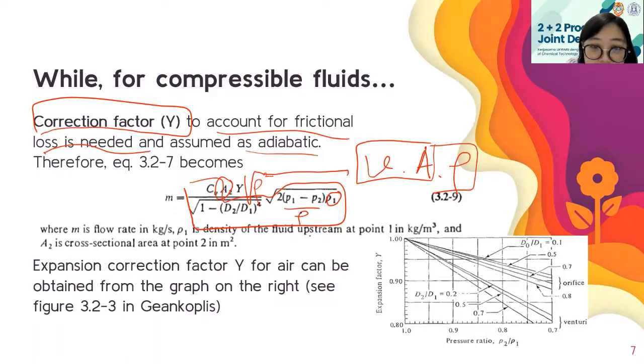And since previously it had one density in the denominator, I can erase this. So it becomes density inside the root, but in the numerator, not in the denominator. And I multiply it with Y because it's the correction factor.